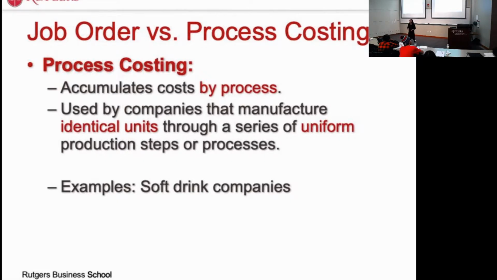Yes. Utensils, like plastic spoons and forks. Yes, that counts. Chocolate. Yeah, that makes sense. So you can think of many firms that may use the process costing system, as long as they produce a batch of homogeneous or identical products.